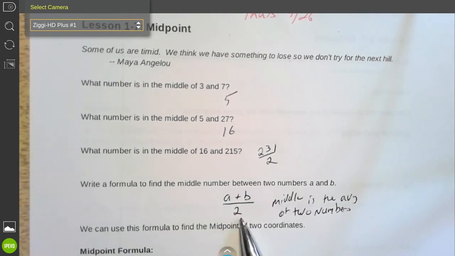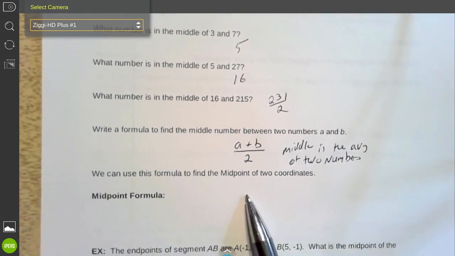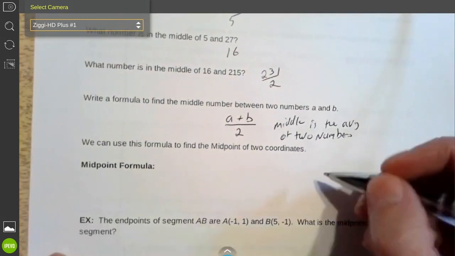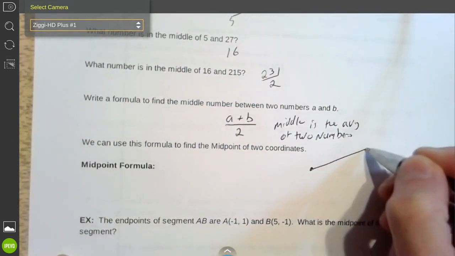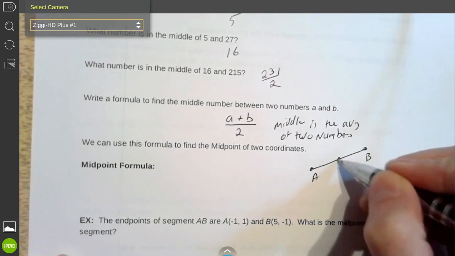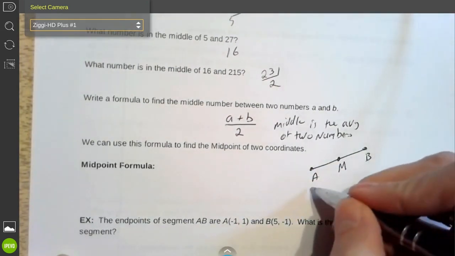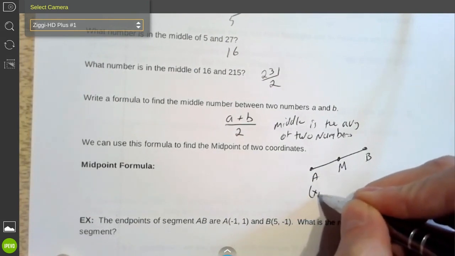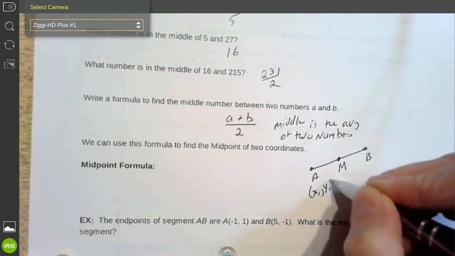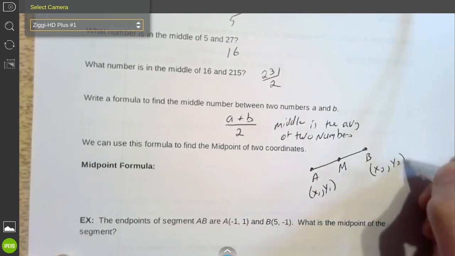We can use this idea of finding a middle number to find the midpoint between two coordinates. So when we've got, say, a segment AB, and I want to find the midpoint, which we'll call M, I can do that by using the coordinates. I'll call this coordinate x1, y1, and this coordinate x2, y2.